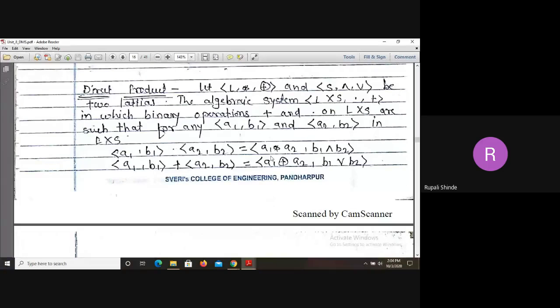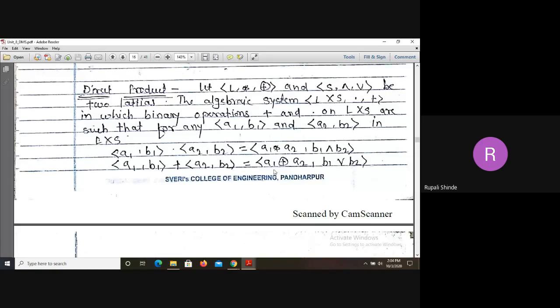So B1 and B2. Likewise, if you consider the plus operation, A1 B1 plus A2 B2, then A1, A2 are the elements of the first set, and for this set the alternative operation of plus is XOR.